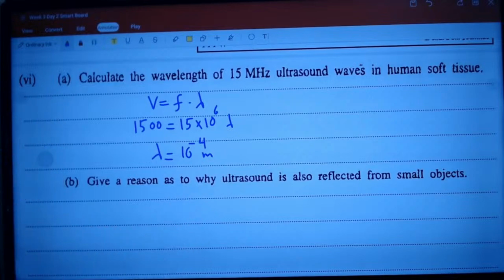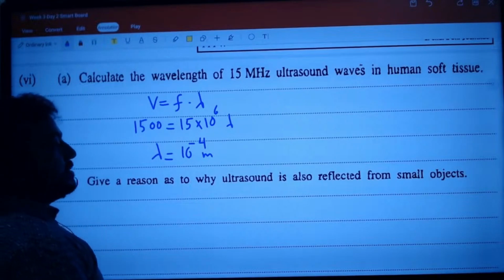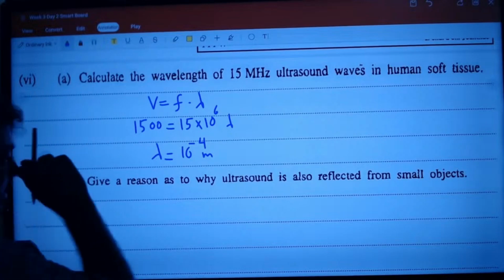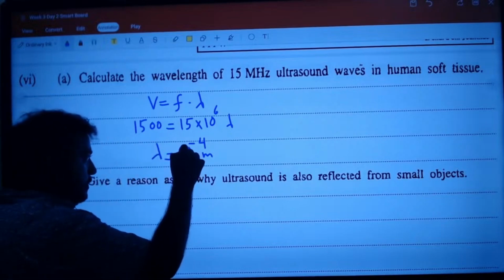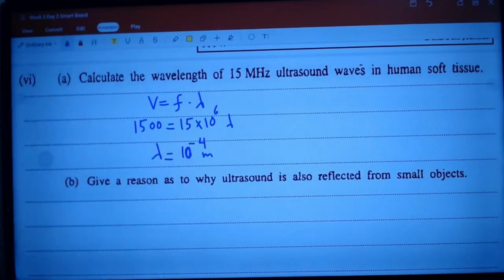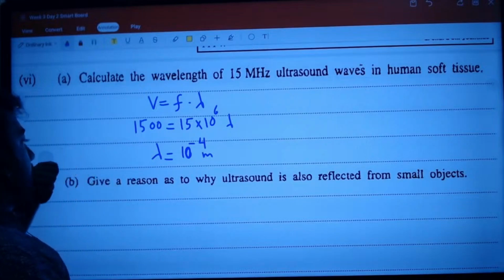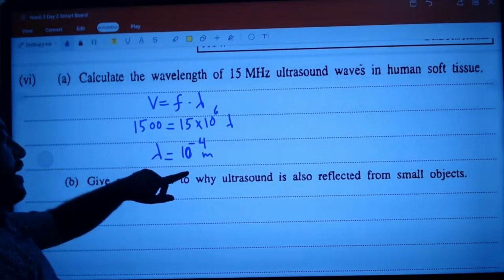Give a reason as to why ultrasound is also reflected from small objects. So reflection means it's knocking and coming back. Why is it knocking and coming back? The wavelength here is almost the same as the size of the object.